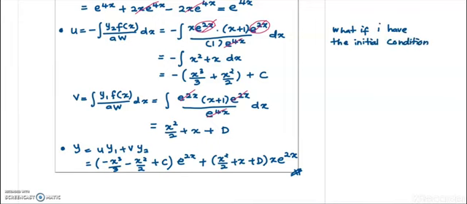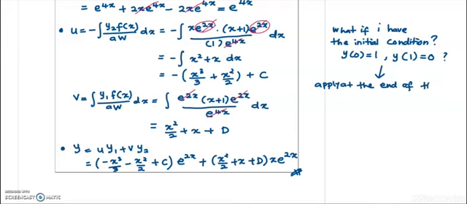For example, you are given y(0) equals 1, for example, and then y(1) equals 0. We need to use these conditions at the end of the steps.